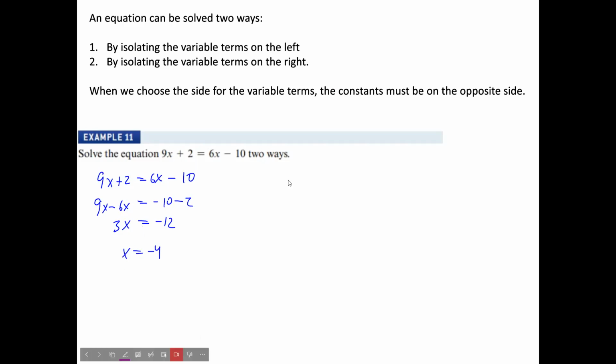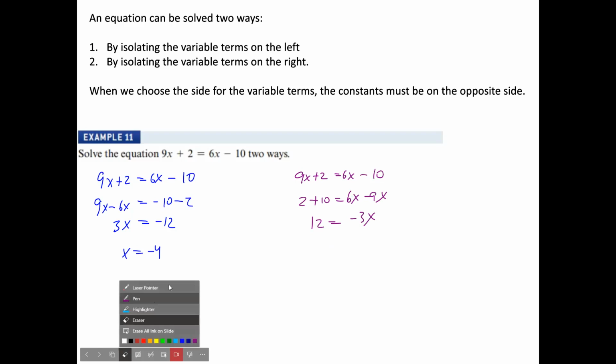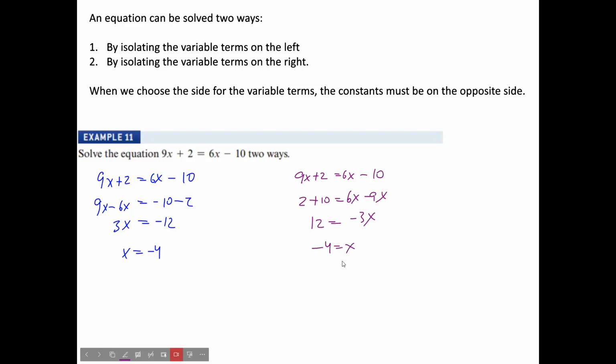So if I do 9x plus 2, 6x minus 10, so 2 plus 10 equals 6x minus 9x. So 12 equals minus 3x. Oops. You see, it's a habit. Okay? Good? Same thing. So now you decide what is more convenient for you. Both provide the same answer.